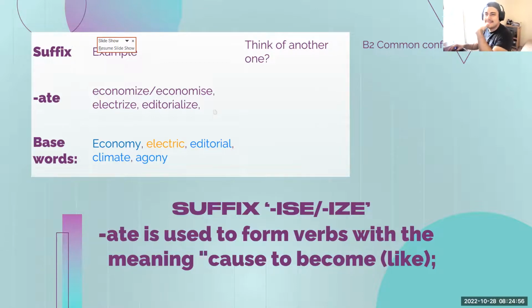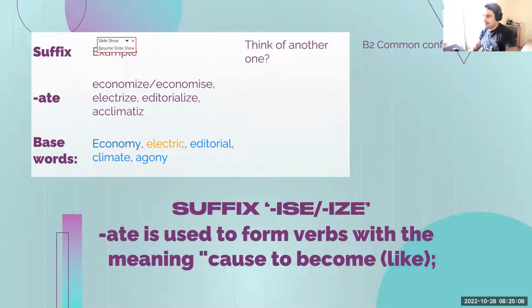What is this verb that happens to your body? Climatize. Excellent. The interesting thing is that we need an additional A. Acclimatize. For some reason, you need an A before, because acclimate doesn't exist, but climate does.